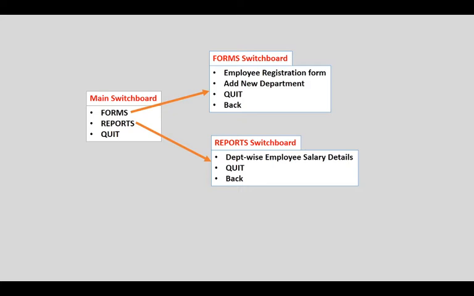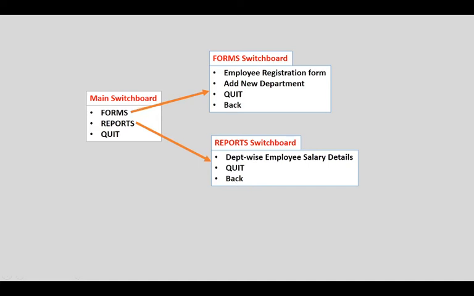In the reports switchboard, we have 3 items: department wise employee salary details, quit and back. If we click on department wise employee salary details, it has to open the report. Similarly, quit is going to exit the application and back is going to take us back to the main switchboard.